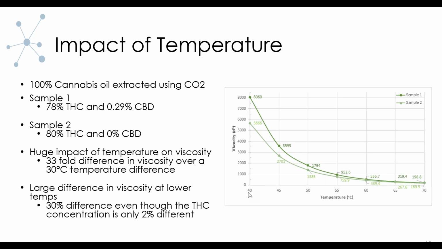However, going from 40 to 45 degrees, the viscosity changes quite dramatically. It goes down more than half, from 8,000 to about 3,500 for sample 1, and for sample 2 from about 5,600 to 2,700. We see the same type of decrease as temperature increases.